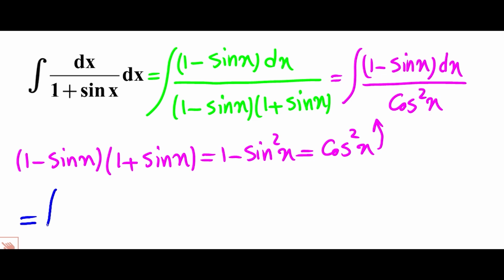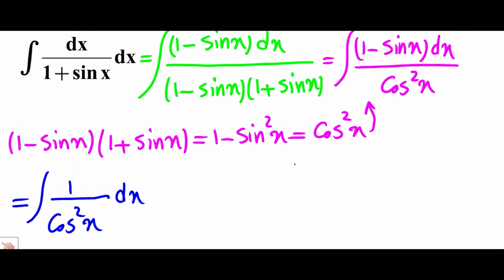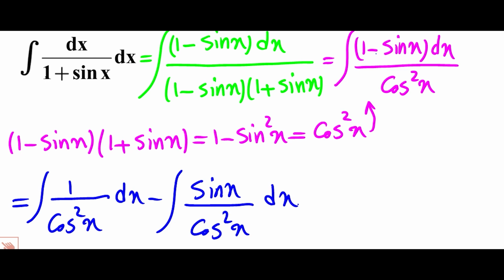So we have the integral of 1 over cosine squared of x dx, right? Minus the integral of sine of x over cosine squared of x dx, right?